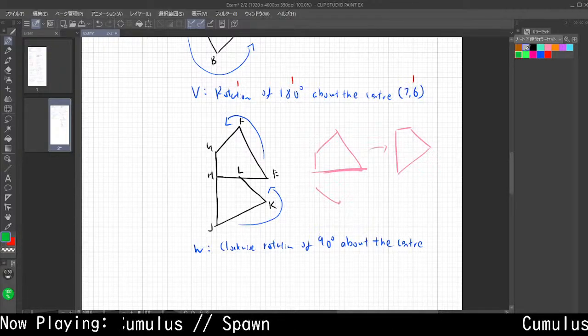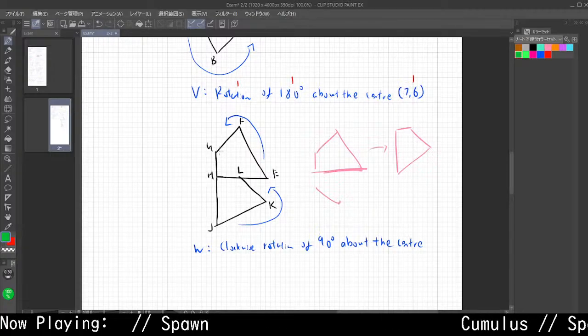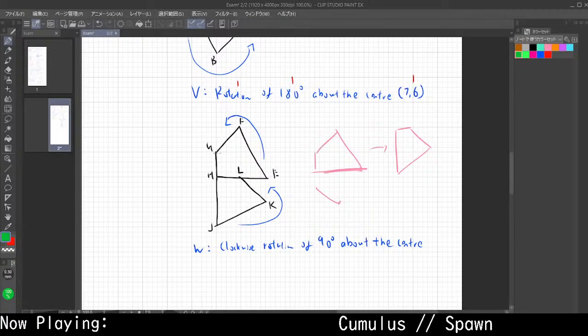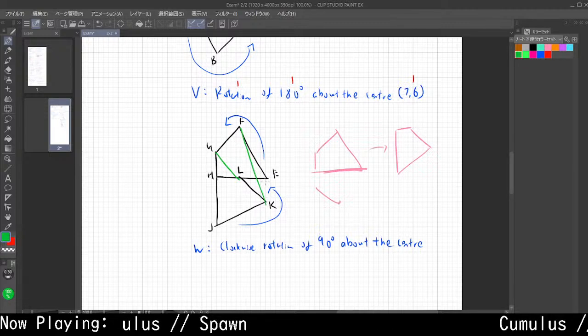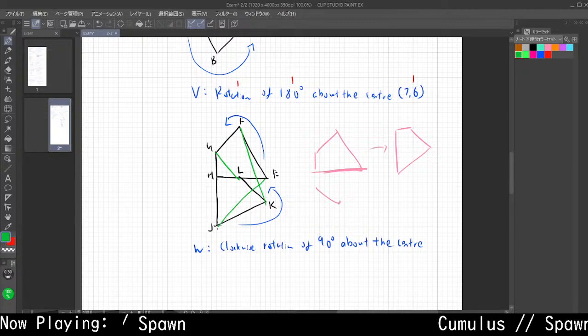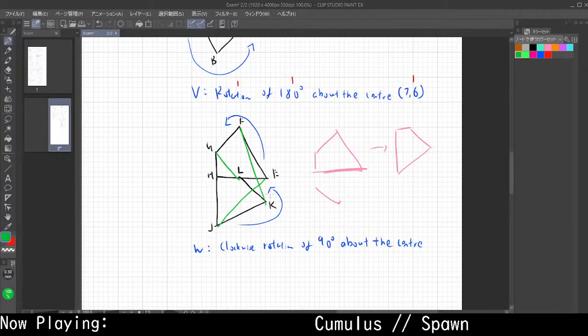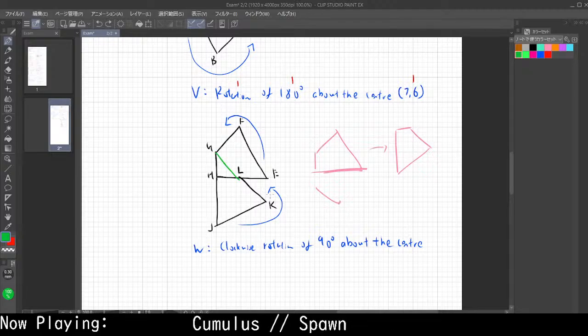So we can try to do that. Your G corresponds to your L. Your F corresponds to your K. Your E corresponds to your J. This seems like we're going nowhere because all three lines don't intersect at the same point. So you can see that this method doesn't work.